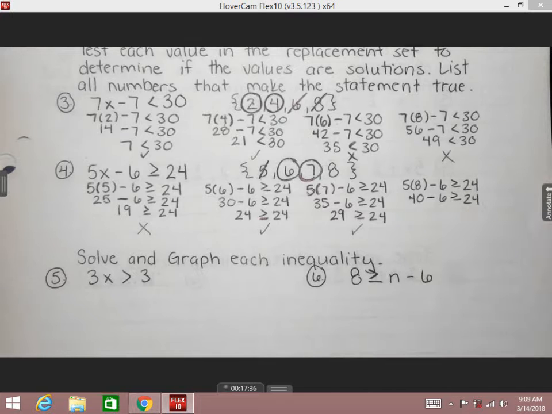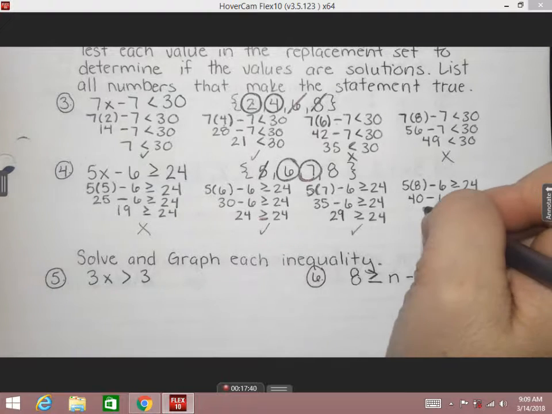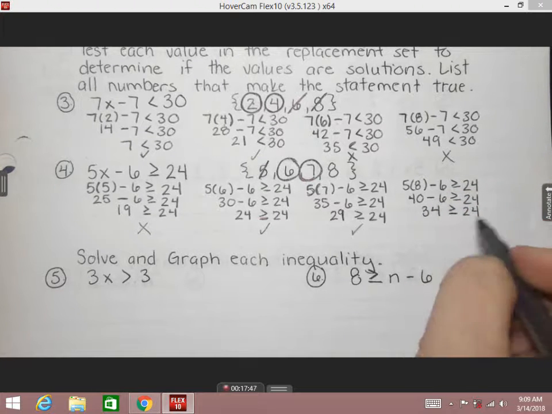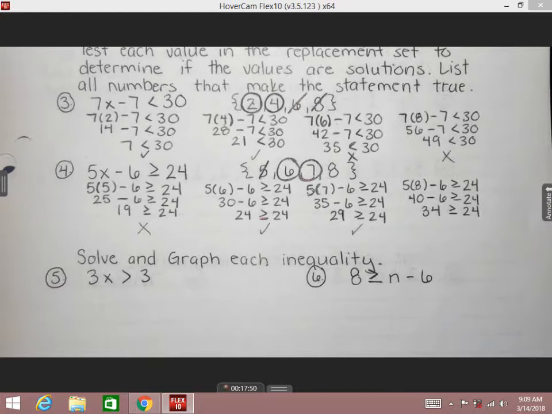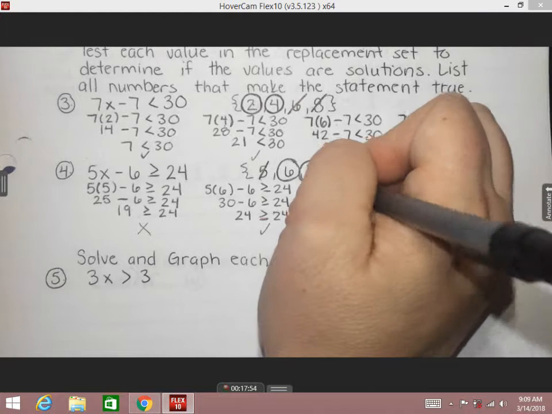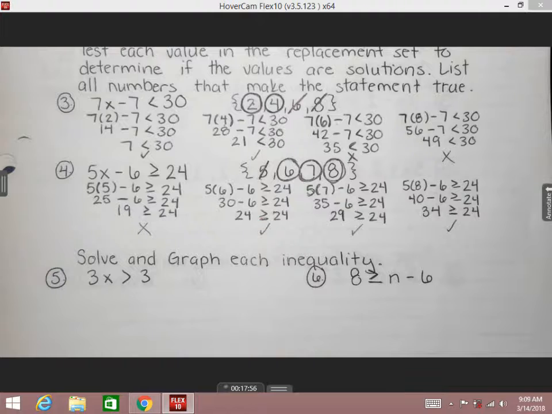Okay, what's going to be next, Faith? 40 minus 6, which is 34. Is 34 greater than or equal to 24? Yes, which we expected to happen. We just had to show the math to go with it. Are there any questions about 3 or 4? The problems are a little long, but guys, is the math really hard? No, it's just a lot to write out, okay?